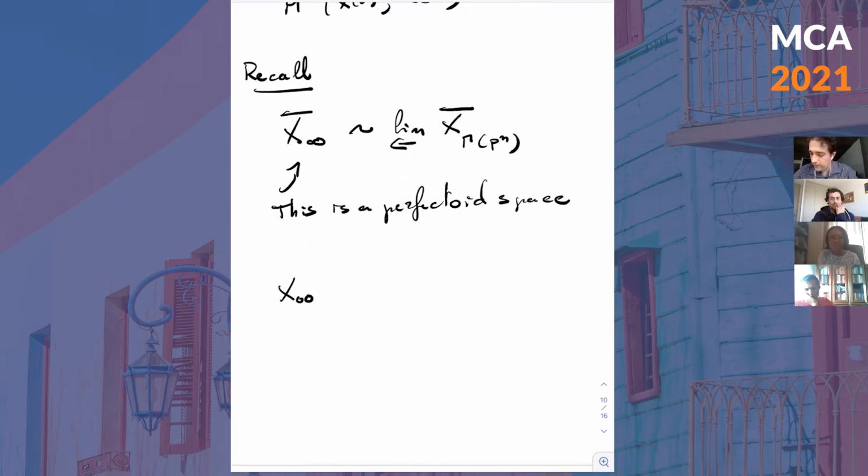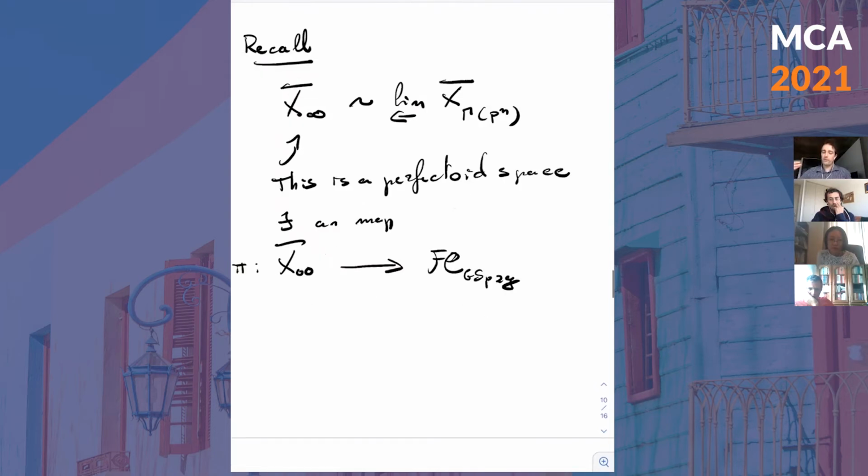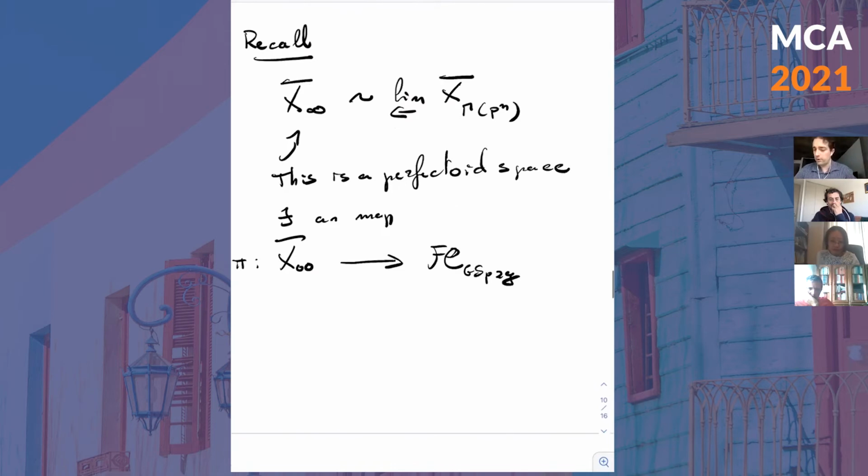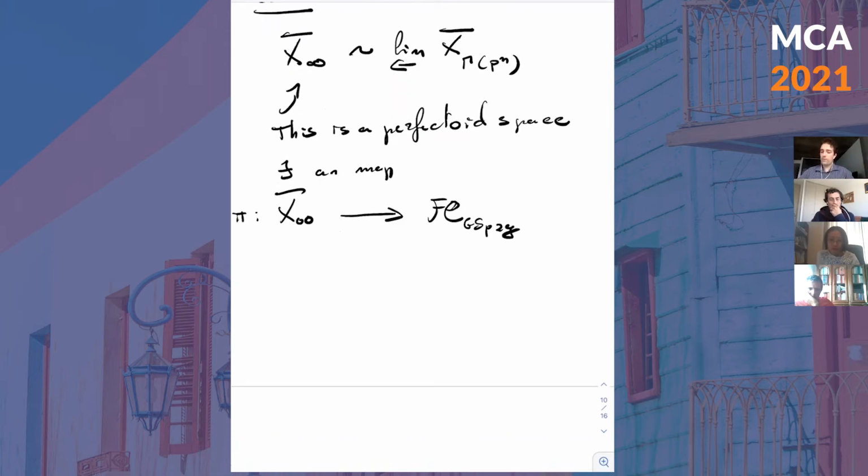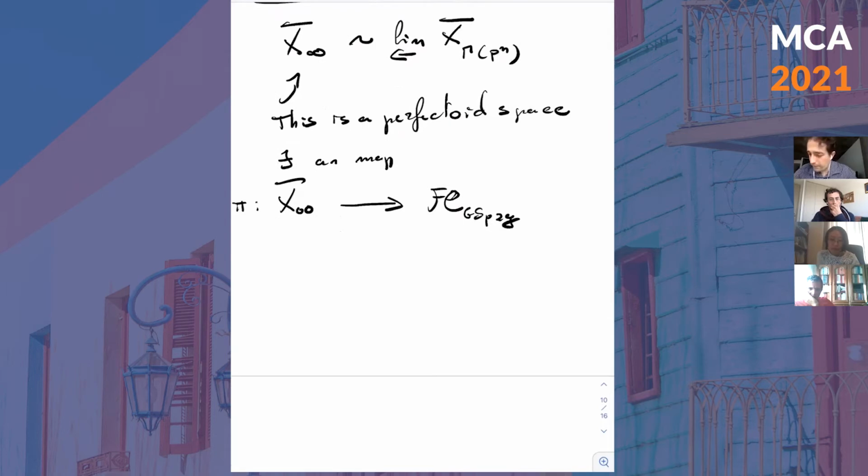The good thing about this is that there is a map, which I call pi Hodge-Tate, from X infinity to the flag variety for GSp_2g. Is the flag variety the parameterizing Lagrangian subspaces of dimension g in a base vector space of dimension 2g? That is defined more or less for every point x in X infinity.